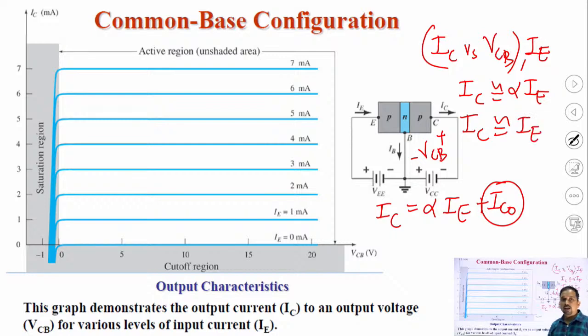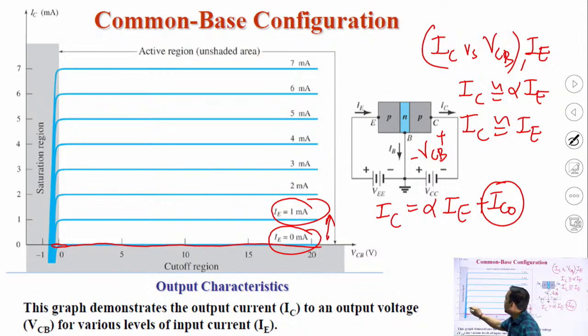So if IE is 0, if the emitter current is 0, then naturally the collector current is also 0, so this curve will basically coincide with the horizontal axis. Next, if we increase IE, let's say IE is equal to 1 milliampere, then IC is also equal to 1.